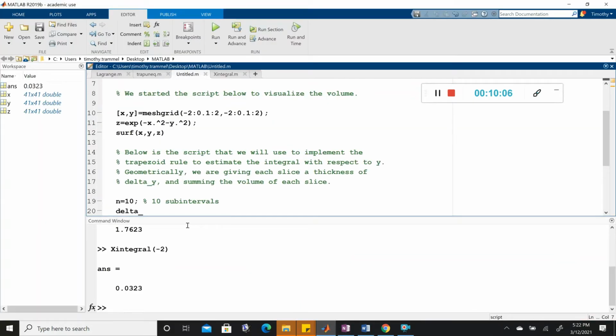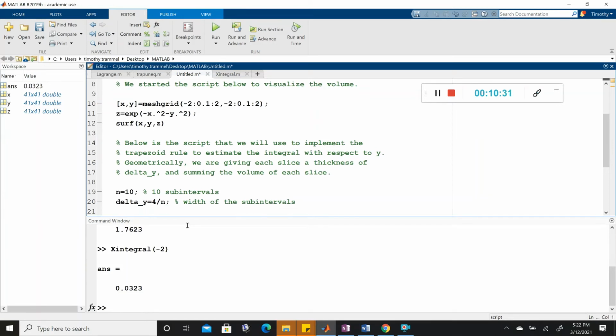So delta y, the spacing of our y values, is equal to 4 divided by n. And again, we will comment in here that this is the width of the subintervals. That might be helpful at some point to us.